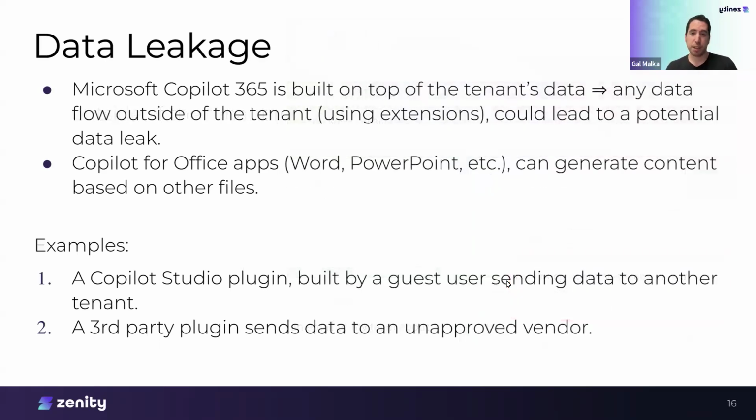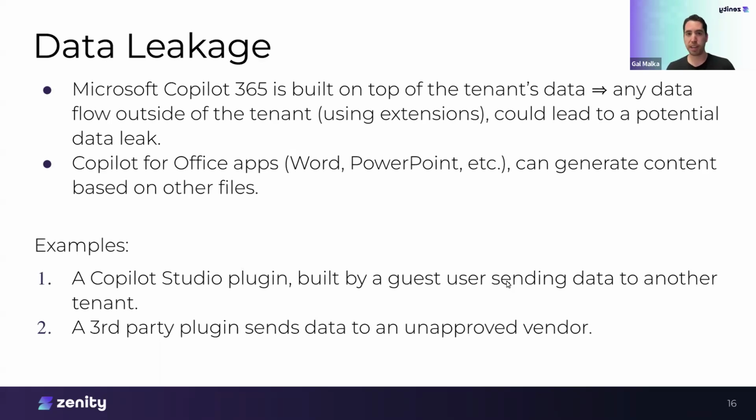And the other scenario is leakage of data within the tenant itself, because Copilot is being used a lot of times to generate data from existing data. For example, you can choose to create a file, and your file maybe summarizes another file.